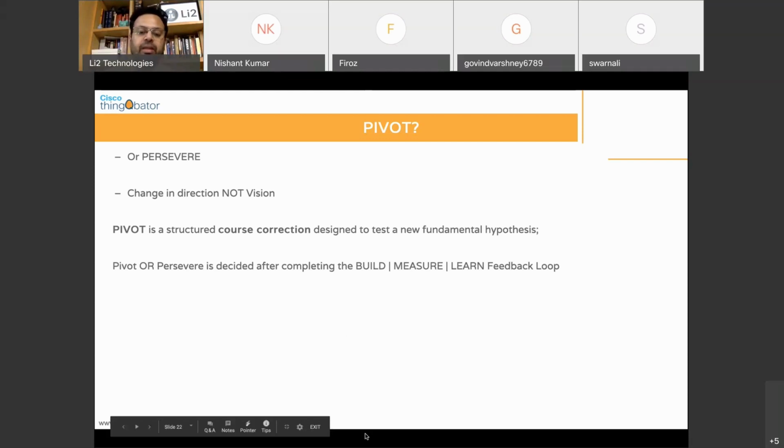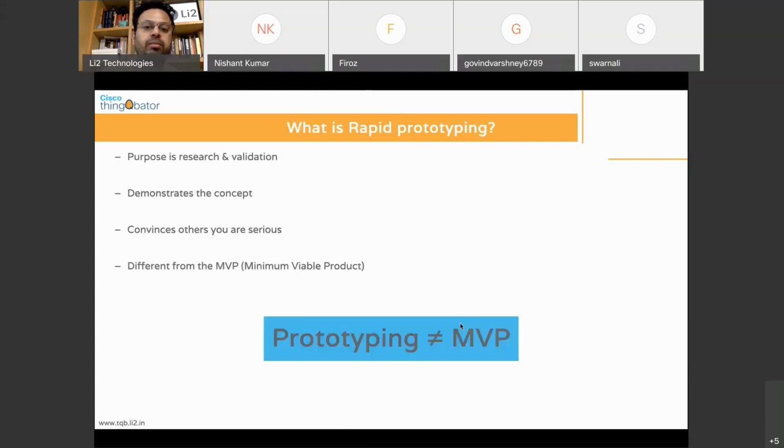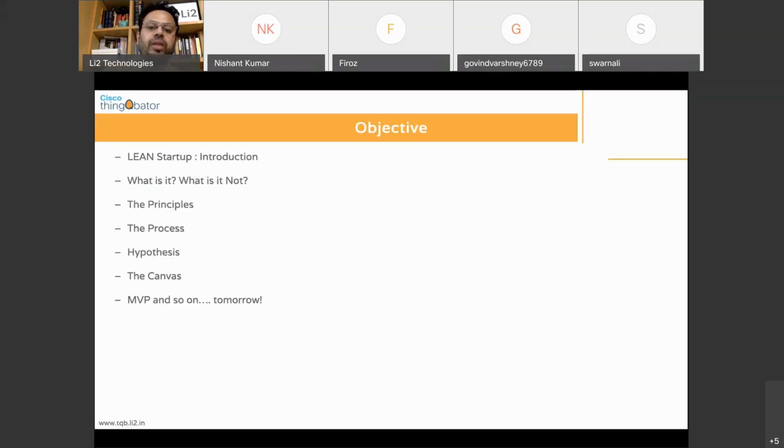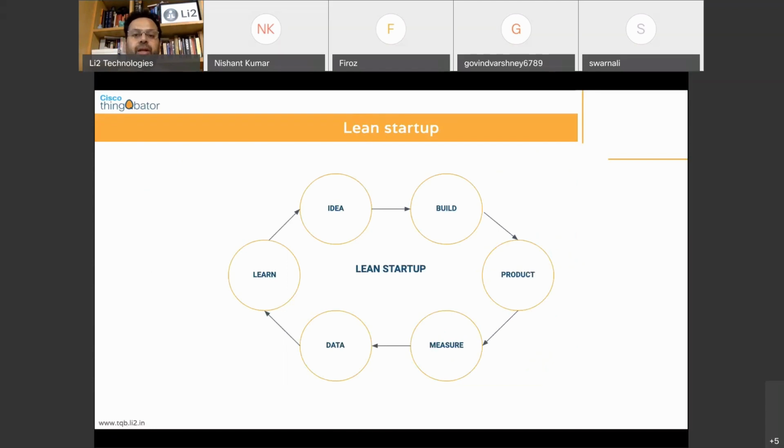So with this, I think we have more or less come to a big structure of the lean startup build, measure, learn cycle. We spoke about very critical elements like MVP and MVE, where MVE is an experiment to validate your hypothesis.